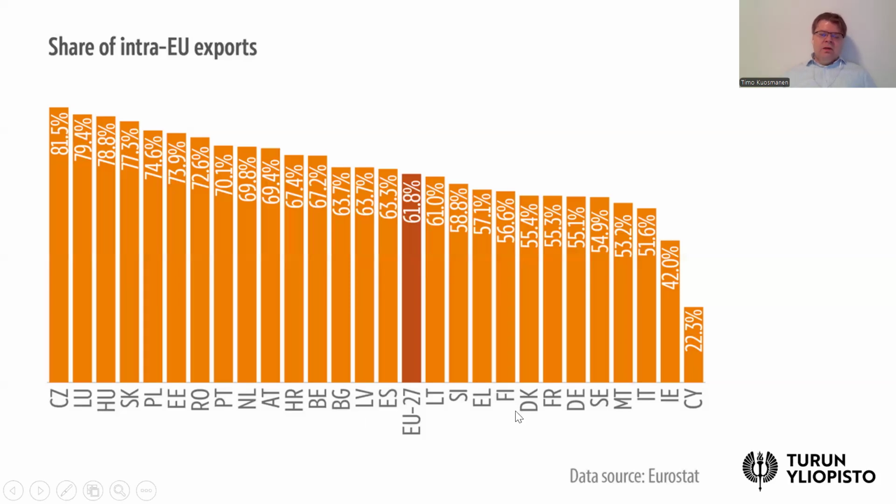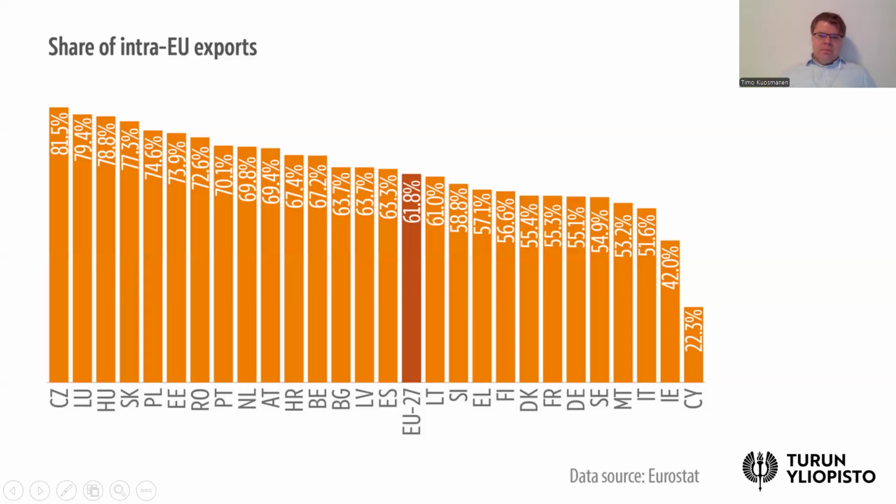And this can be related to the fact that Finland is part of the Eurozone, in contrast to Denmark and Sweden. And if you think of geography, of course, Denmark and Sweden are much more closely positioned to the large Central European markets. So perhaps the membership in the monetary union has at least partly contributed to the share of intra-EU exports of Finland.